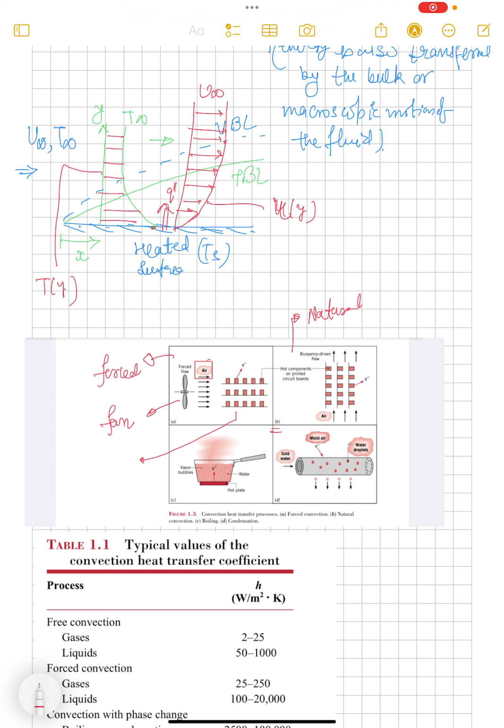Here there is no external force and no external fan which is moving the fluid. I explained yesterday also that when a stagnant fluid comes in contact with a hot surface or vice versa, the convection current starts.